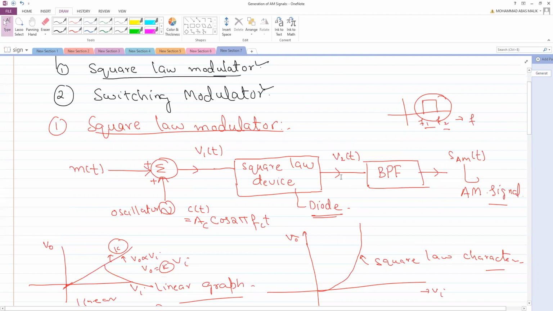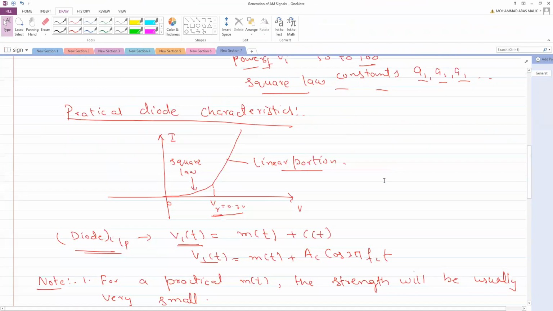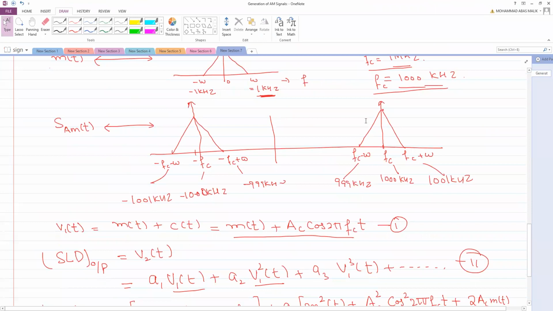This is your V2 of t. Now this V2 of t will be passed through a band pass filter. And we have already seen in the spectrum, it will pass the frequencies from Fc minus omega to Fc plus omega. These are the range of frequencies passed by this band pass filter.